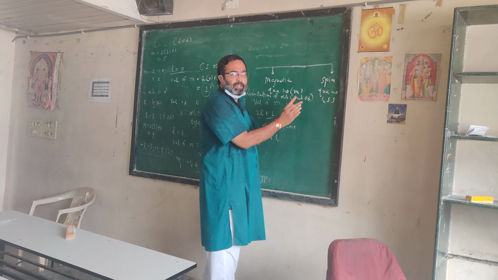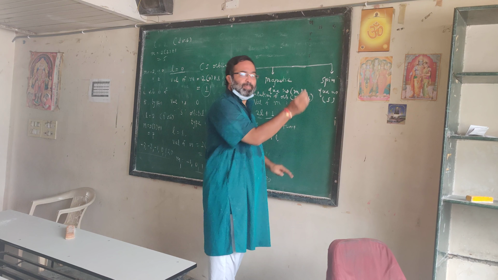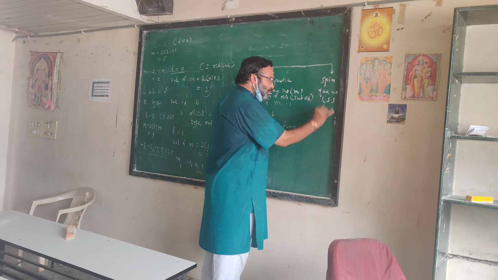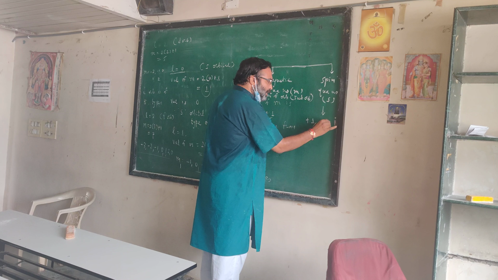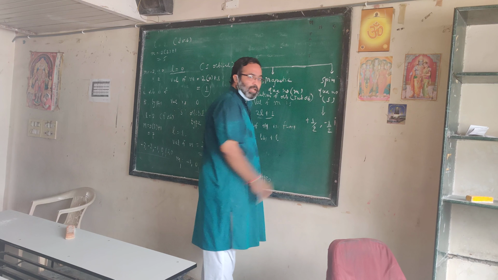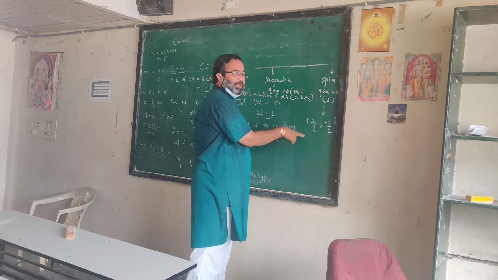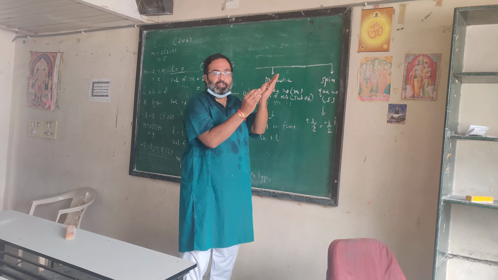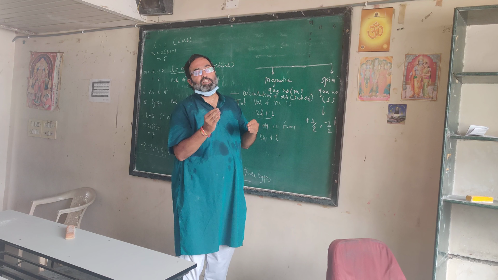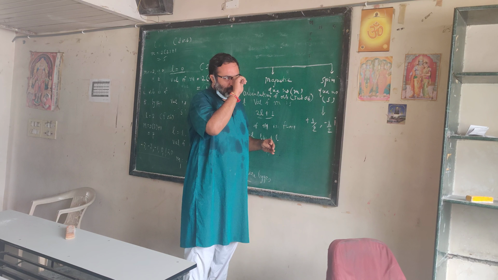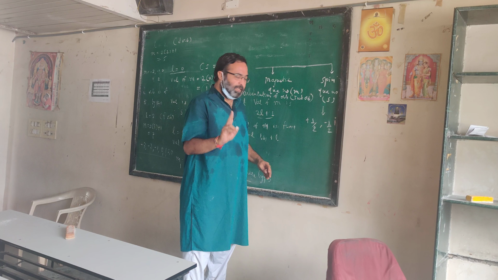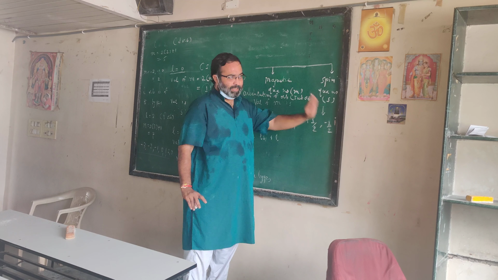So based on that, the spin quantum number for an electron has only two values: either plus half or minus half. There are only two possibilities because electrons spin either clockwise or anti-clockwise.